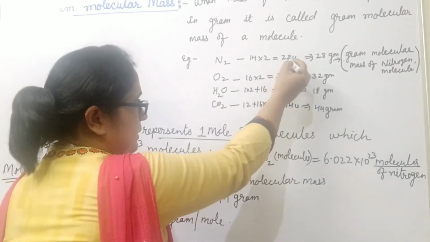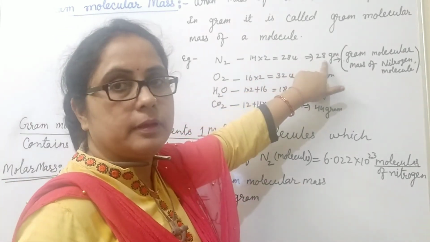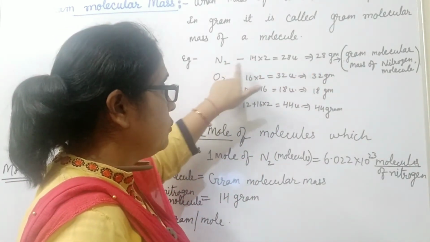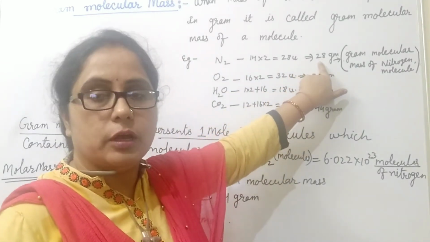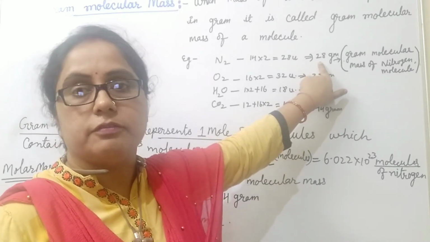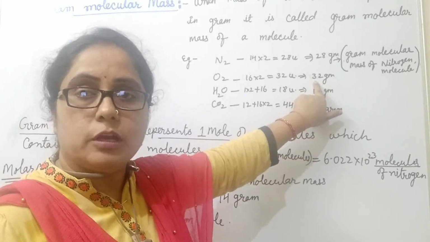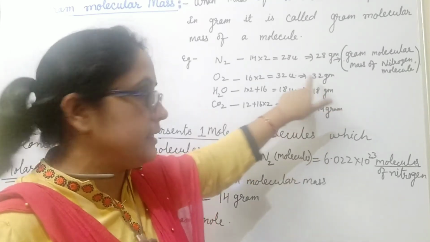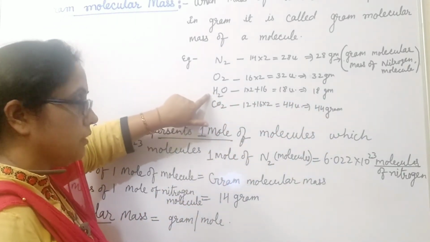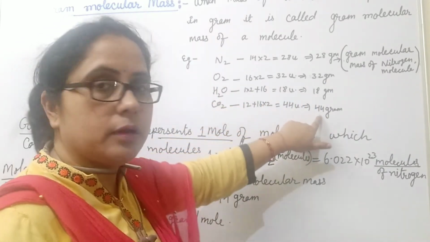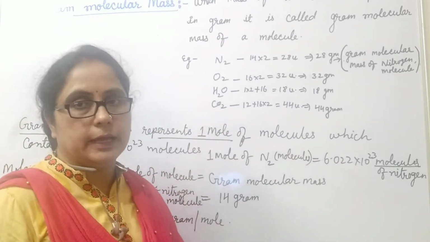When these masses of molecules are represented in gram, if the mass of one molecule of nitrogen is written as 28 gram, then this is called the gram molecular mass of nitrogen. Similarly, 32 gram represents the gram molecular mass of oxygen, O2. 18 gram represents the molecular mass of water, and 44 gram represents the molecular mass of carbon dioxide.